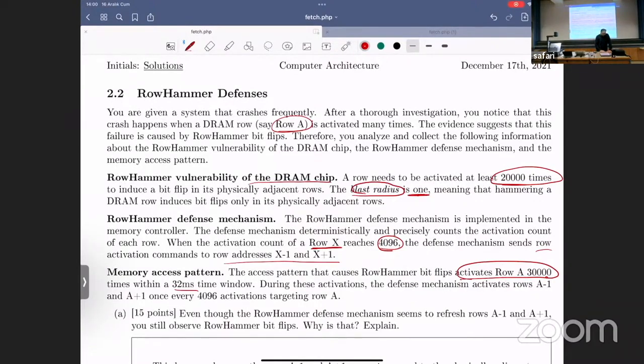During these activations, the defense mechanism activates row A-1 and A+1 once every 4K activations targeting row A. So you activate row A 30,000 times, but after every 4,000 activations, you send an activation command targeting A-1 and A+1. So the overall hammer count you observe shouldn't exceed 20,000 times, but still you observe some bit flips.